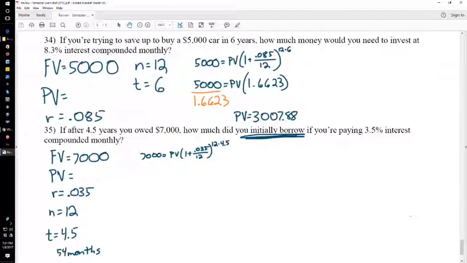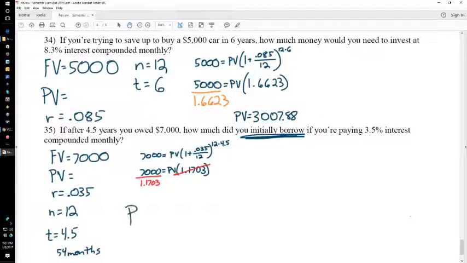Alright, and just like last time, we're going to crunch everything on the right and see what we get. We get 7,000 equals the present value times 1.1703. So we'll divide by that. Divide by 1.1703.